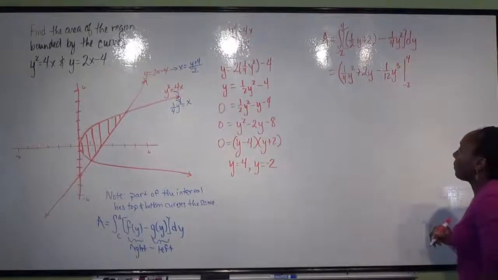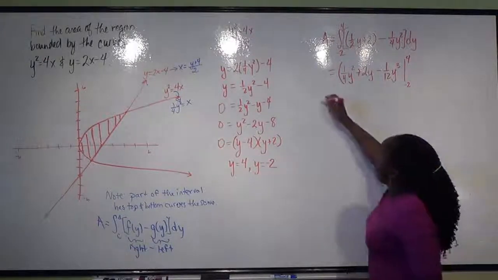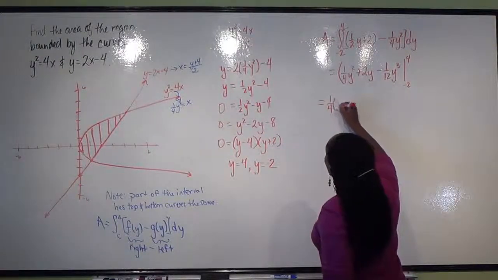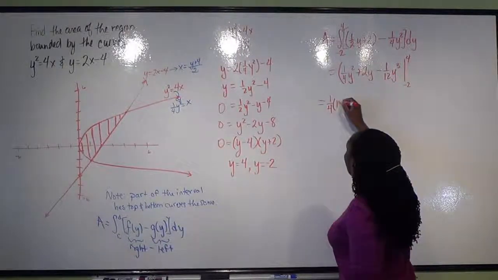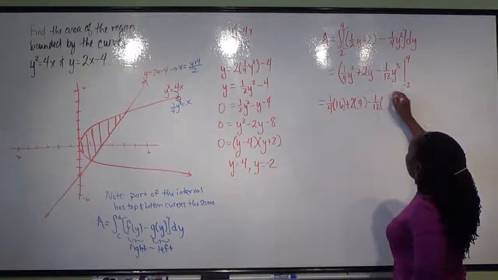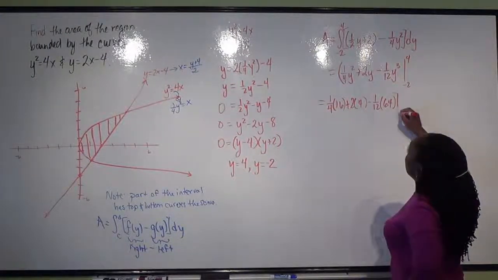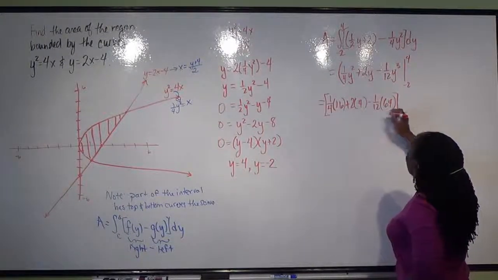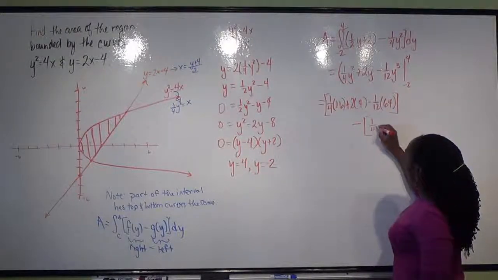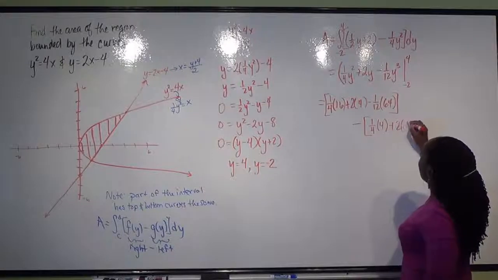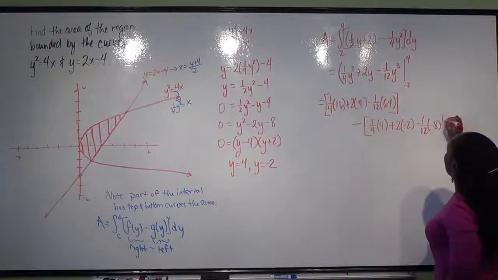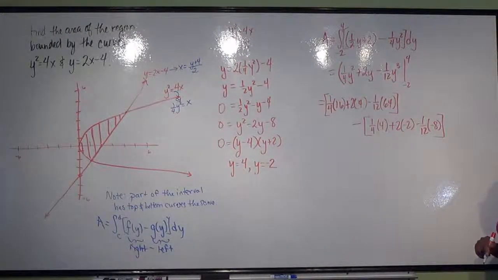Okay. So plugging in at our upper limit, plug in 4, we'll get 1/4 of 16, plus 2 times 4, minus 1/12 of 64. At our lower limit, plug in -2, we'll get 1/4 of 4, plus 2 times -2, minus 1/12 of -8. Okay.